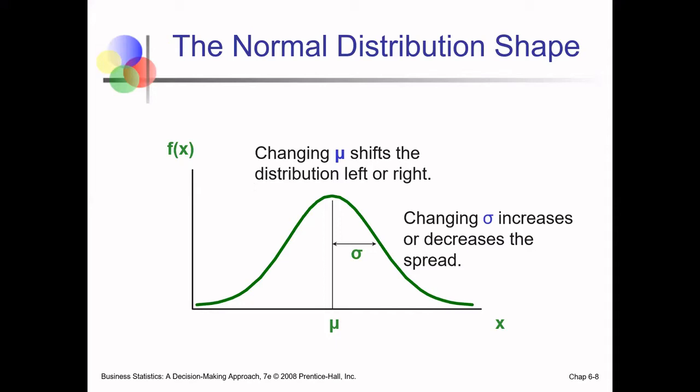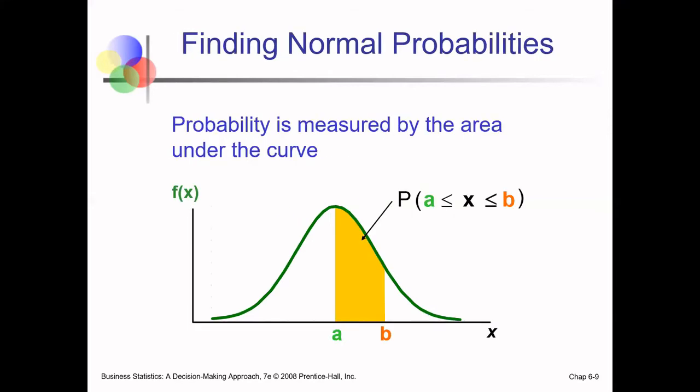Next is the change of the sigma value, which happens when we multiply or divide the original data. The effect of change of scale is on the standard deviation, or spread, of the curve. The bell-shaped curve will be skewed or stretched by the change of scale.